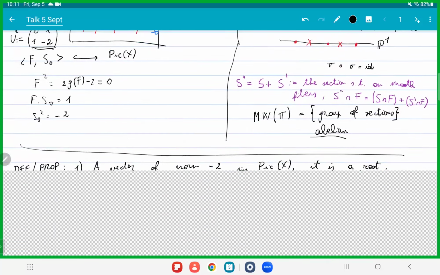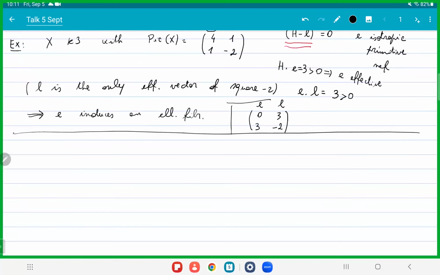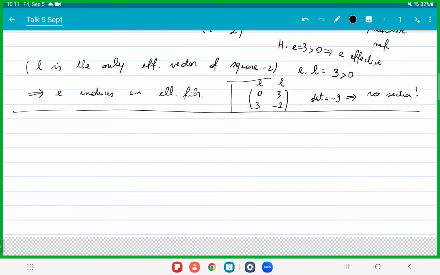And in this case, we do have rank 2 by assumption, but the determinant is -9. So no section. We have a trisection, because the line meets the elliptic curve, the plane cubic, at 3 points, right? But thanks. It's a good observation.